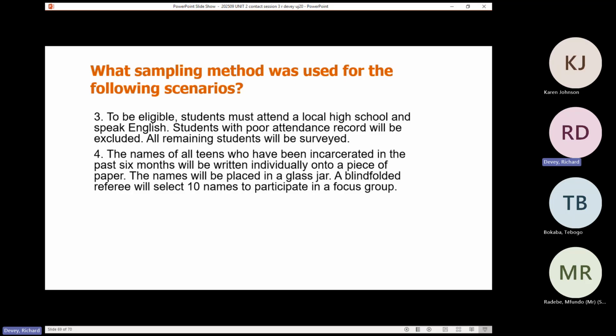So the study is focusing on students who attend a local high school and speak English, and students with a poor attendance record will be excluded. All remaining students will be surveyed. What kind of sampling is this?